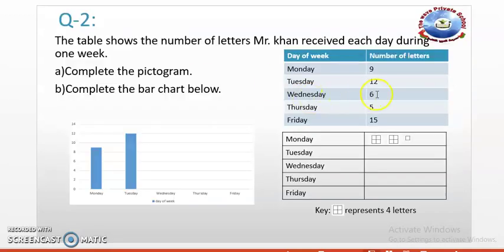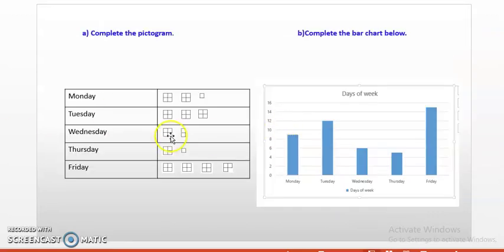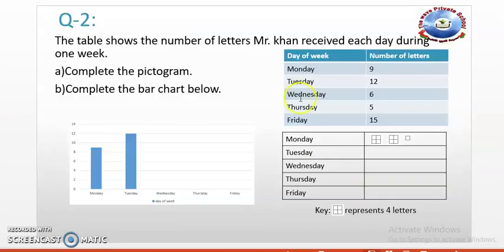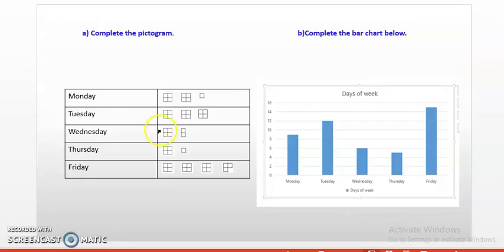And for Wednesday, it is 6. 4 blocks represent 4 letters and 2 blocks more, then we add, it becomes 6. For Thursday, there is 5. See, 4 blocks represent 4 and 1 block represents 1, so it becomes 5.